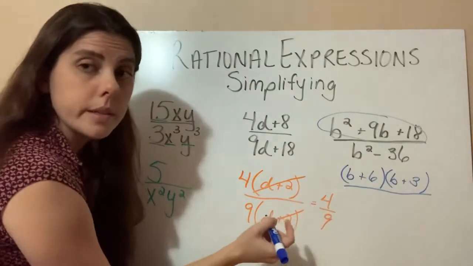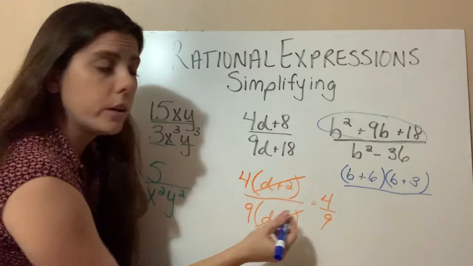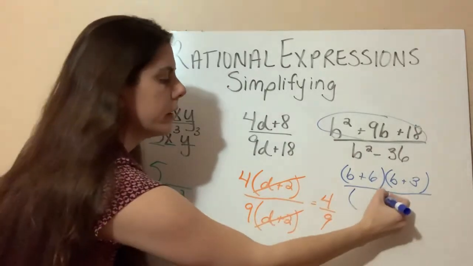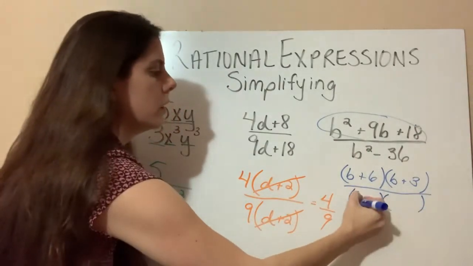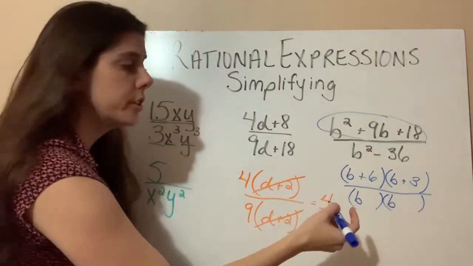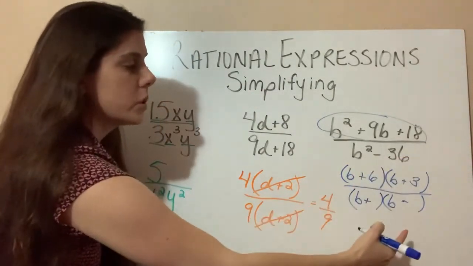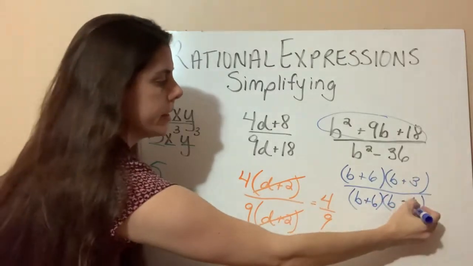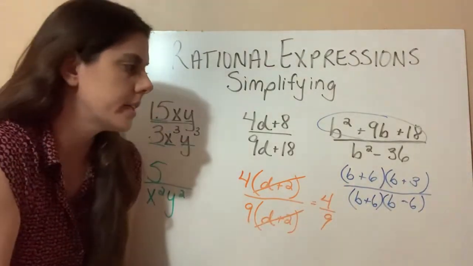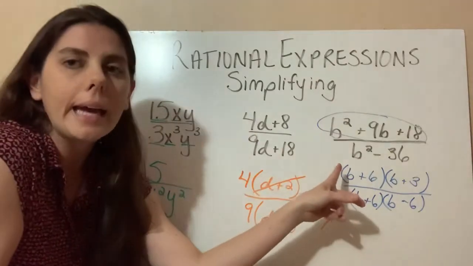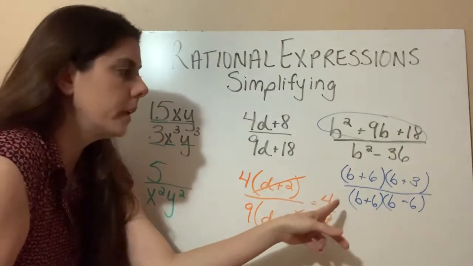On the bottom, this is a difference of squares binomial. So again, this will factor to a b plus and a b minus. And then the square root of 36 is going to be 6. So we have a b plus 6 and a b minus 6. Now looking at the top and the bottom, what is happening here?